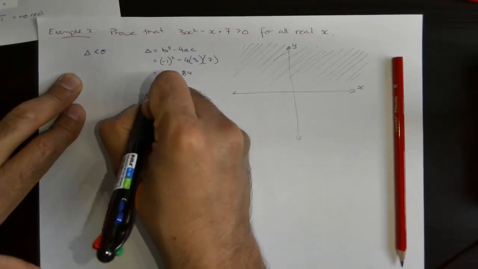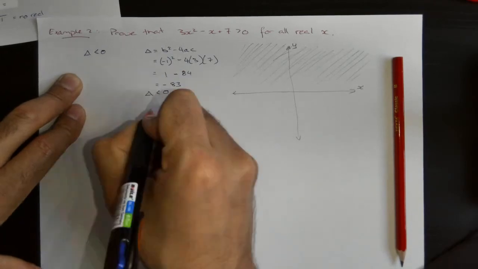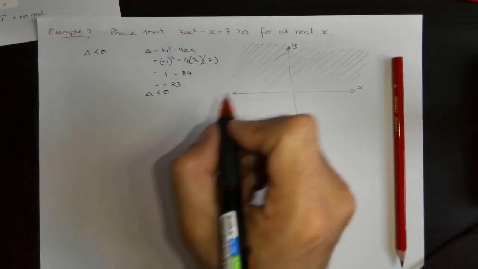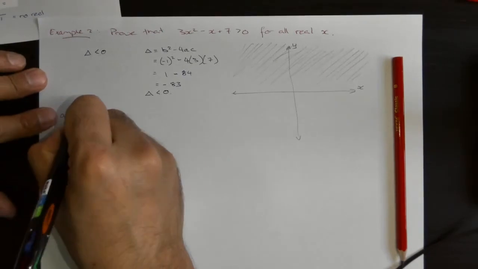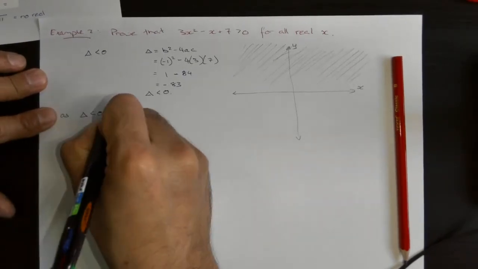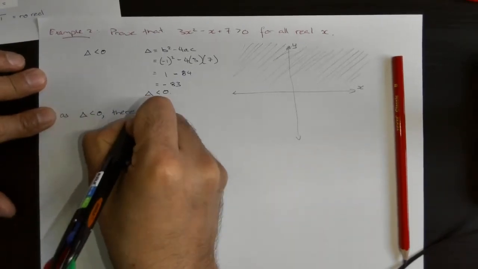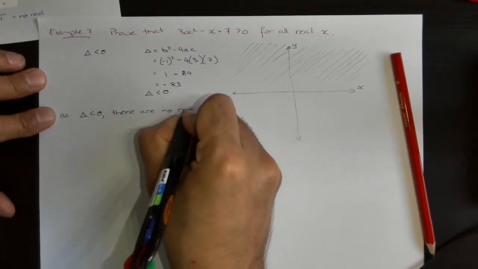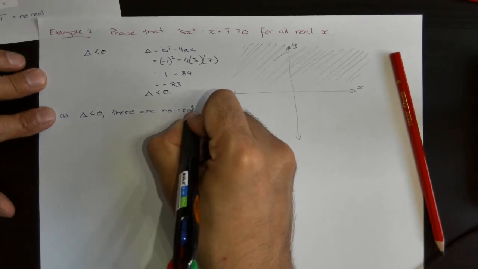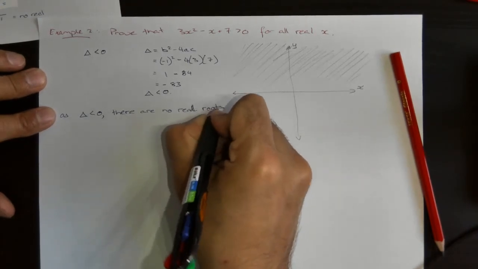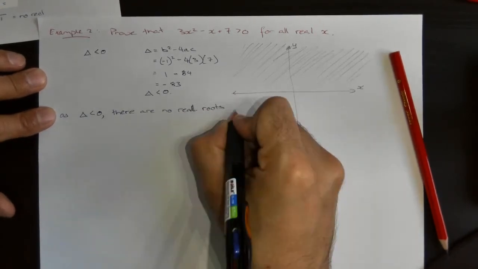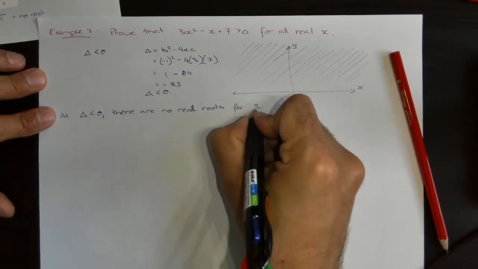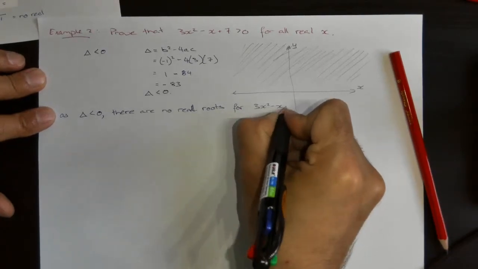And so the discriminant is less than 0. So, as the discriminant is less than 0, there are no real roots for 3x squared minus x plus 7.